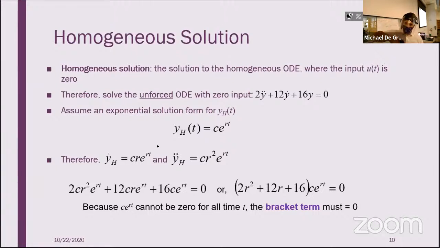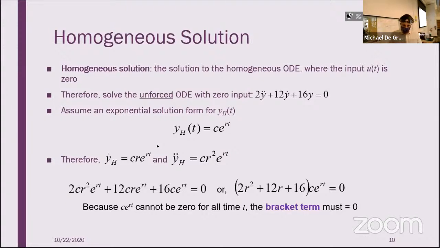So if I have an assumed response for y sub h, I can take the derivative of that and I'll get y dot sub h, which is equal to c r e to the rt. And I'll take the derivative again to get y double dot.